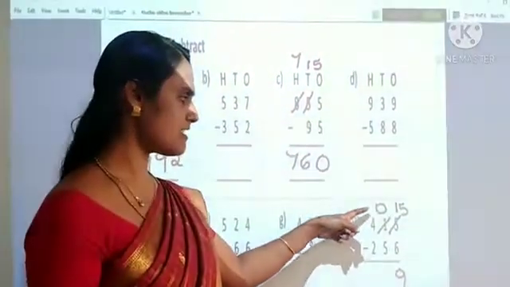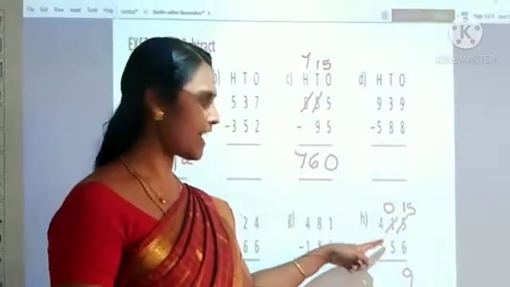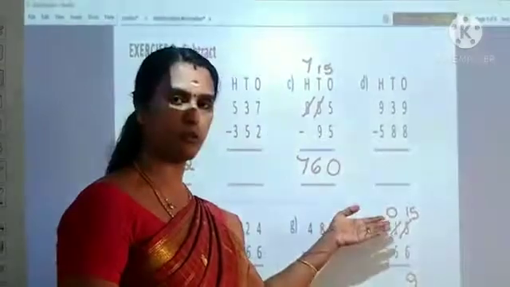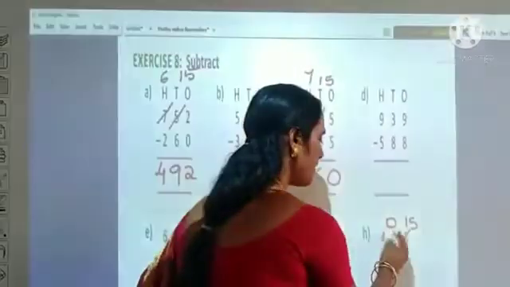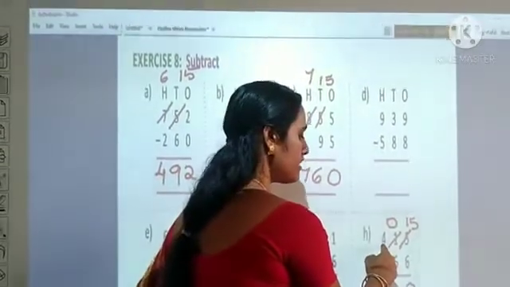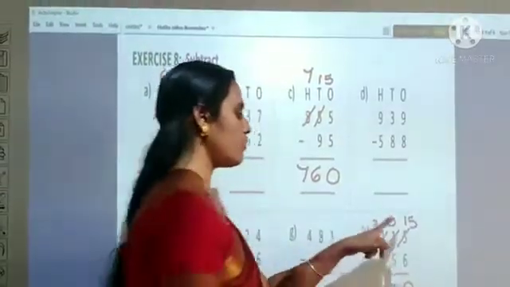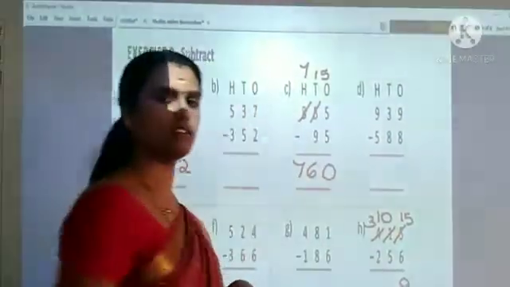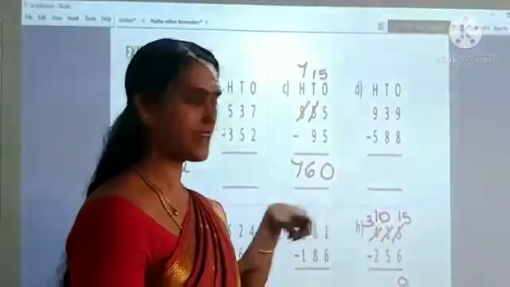Now see the next place. 0 is there and below you can see 5. Can you subtract 5 from 0? It is not possible. So what can we do? We have to borrow from the next number, isn't it? Here it is 4 in the next place. So 4 will become 3. And what happens to the 0? 0 will become 10. Okay? So now we can subtract 5 from 10.